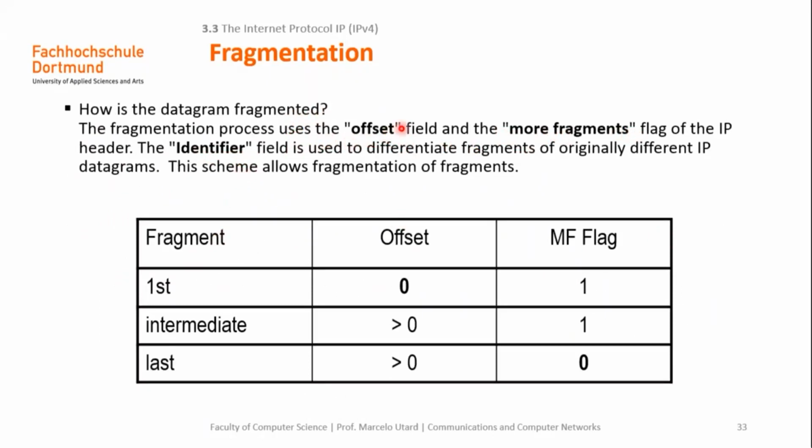The offset is used to indicate to the destination host in which order the fragments have to be placed in order to reassemble the original datagram.